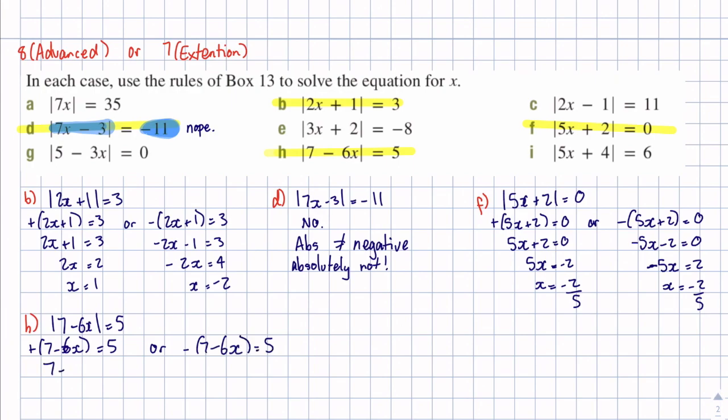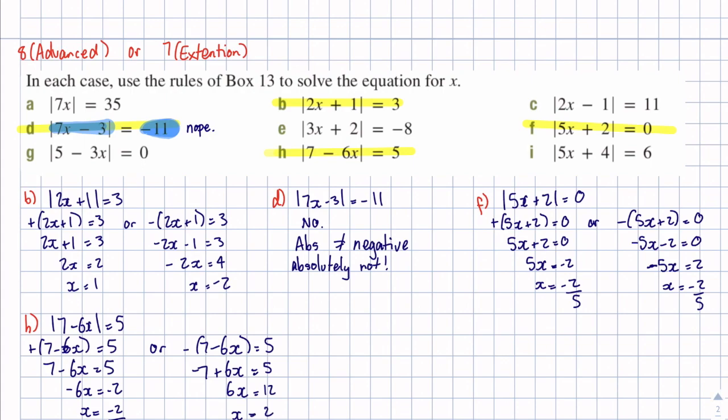Which means 7 take 6x equals 5, negative 6x equals, well, I'm subtracting 7, so negative 2, x equals negative 2 over negative 6, which is positive a third, or negative 7 take 6x equals 5. You're probably wondering why I don't just get rid of the negative first instead of expanding it. I'll go through that. Negative 7 plus 6x equals 5. I'm going to plus 7 to both sides, so I get 6x equals 12, which means x equals 2.